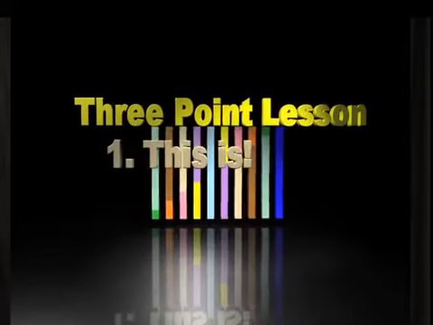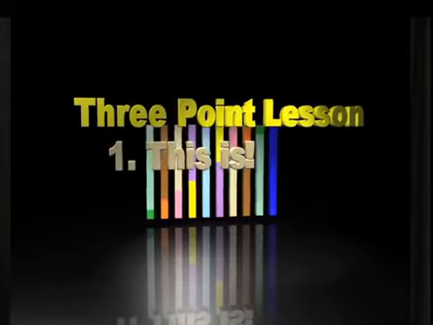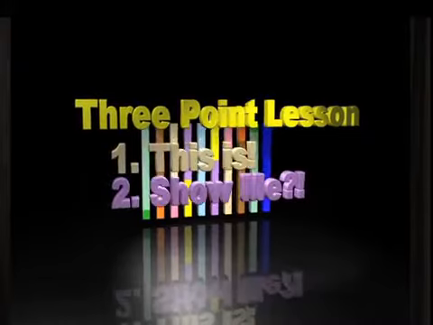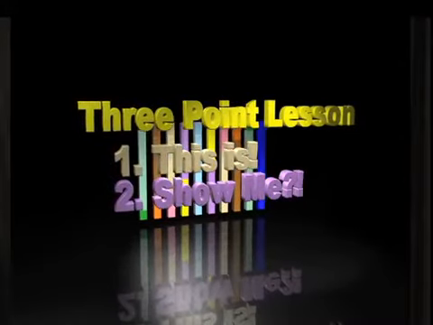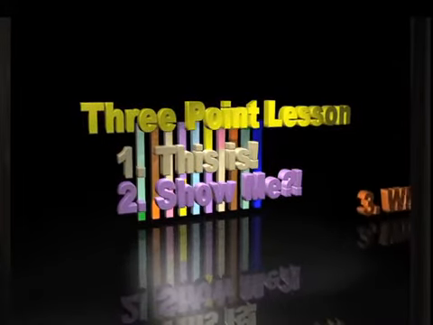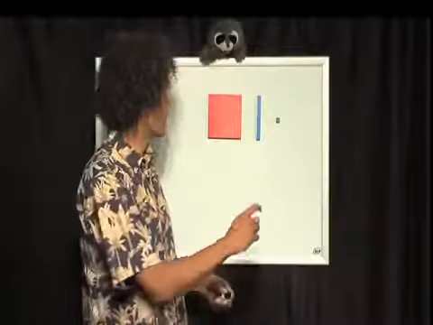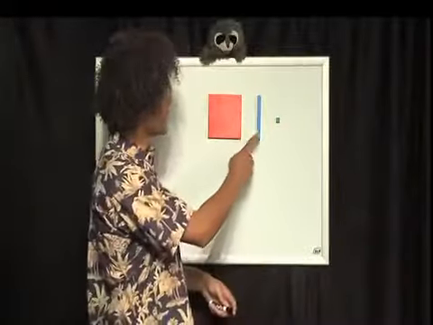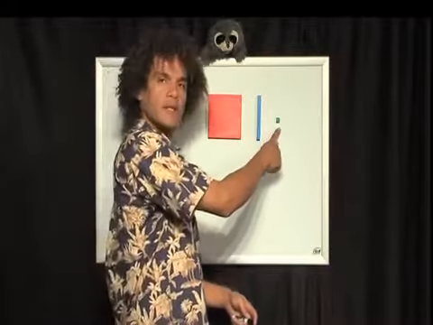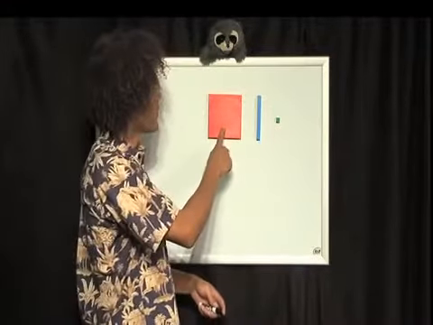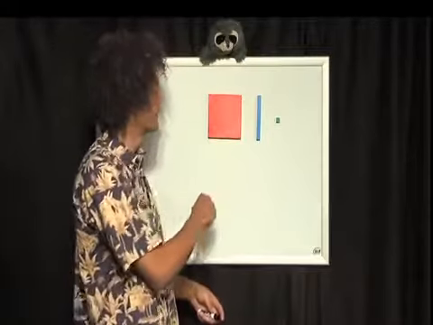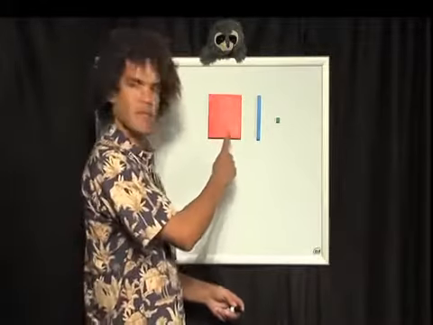Now we're going to do a 3-period lesson with all of these pieces in algebra. Normally we would spend a lot more time developing this piece right here, but because it's just a short demonstration, 1-hour introduction, we're just going to tell you that this is an x, is our friend x. Here is a unit. Now, this is also an x, and it's smooth. Well, what is this? Well, it's an x.